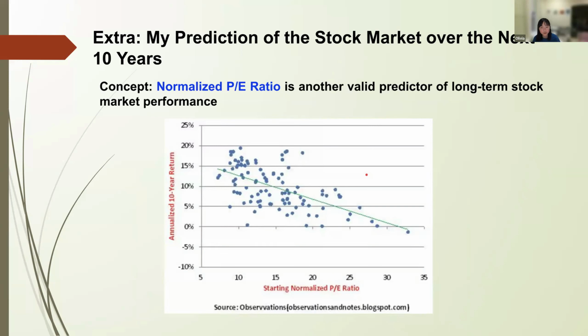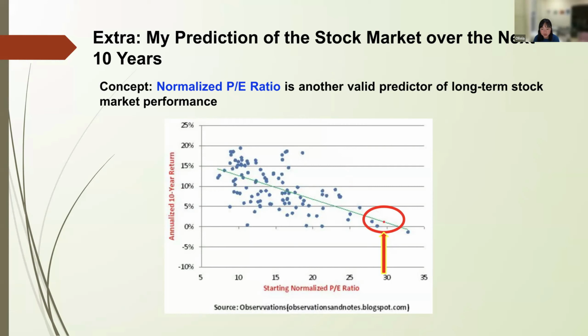Besides the P/10 ratio, there's also a normalized P ratio. This is another valid predictor of long-term stock market performance, as you can see from this chart. Our normalized P ratio is around this area.